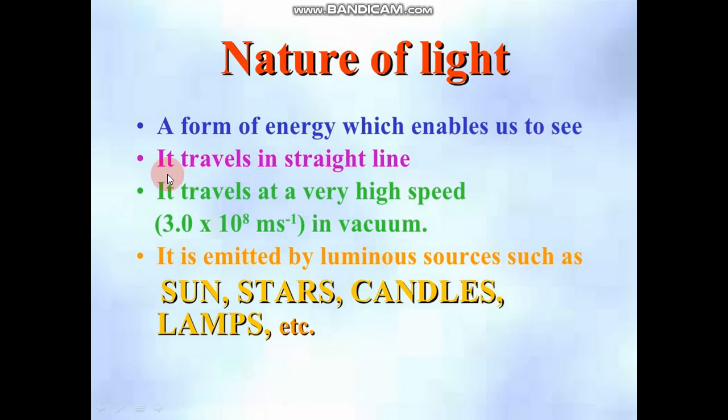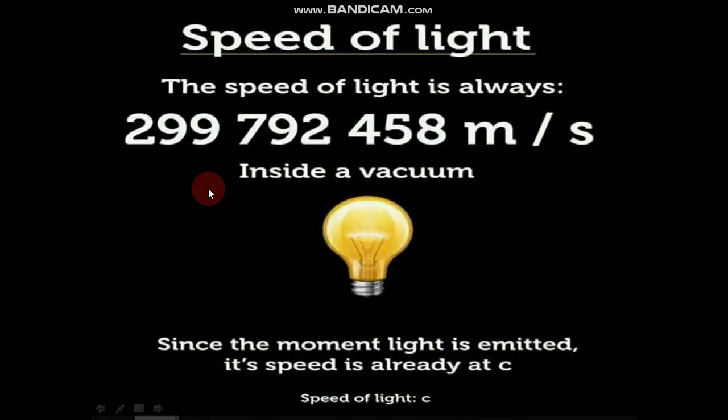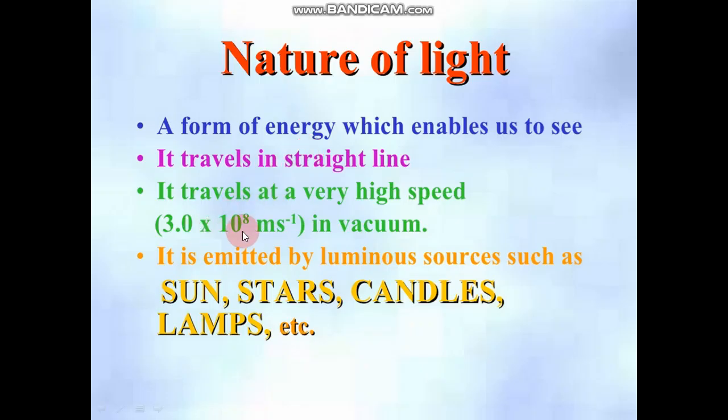Number two, it travels in a straight line at a very high speed, and its speed is 3 into 10 to the power 8 meter per second in vacuum. This is the approximate value, and the other is the accurate value.